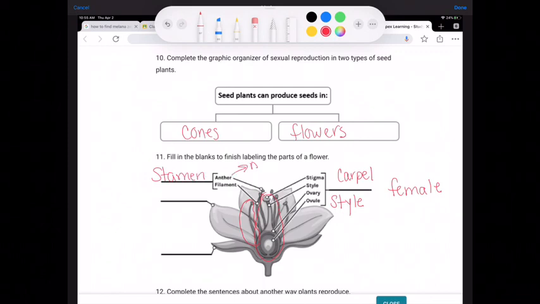The anther makes pollen. And an easy way to remember that that's the male part is it ends in men, and males are men. This is the petal, which you all know, that's what attracts the insects with its color and scent. And then underneath, that leaf underneath that supports and protects the seeds and or the ovary in here is called the sepal. So check your picture for that.